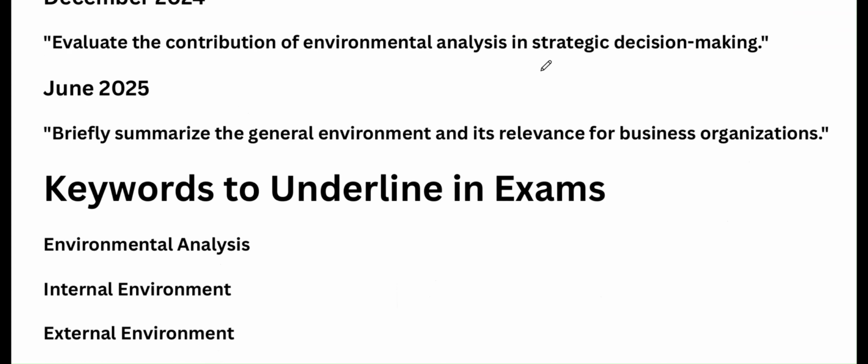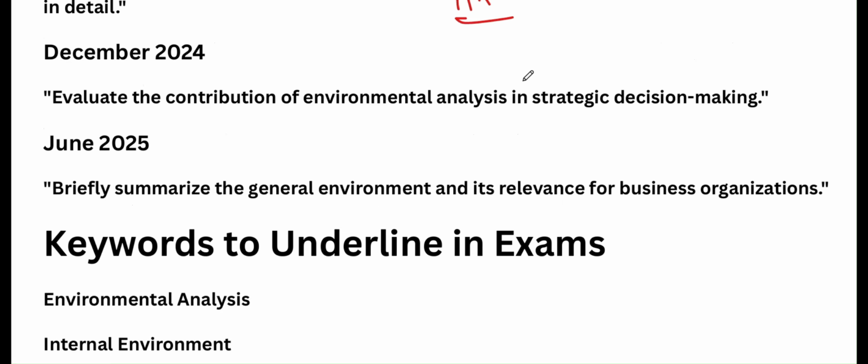Then evaluate the contribution of environmental analysis to strategic decision. So again, you have to say what is environmental analysis, what is strategic decision or the strategic management process, what are the different factors and how these are influencing, and what is the impact.